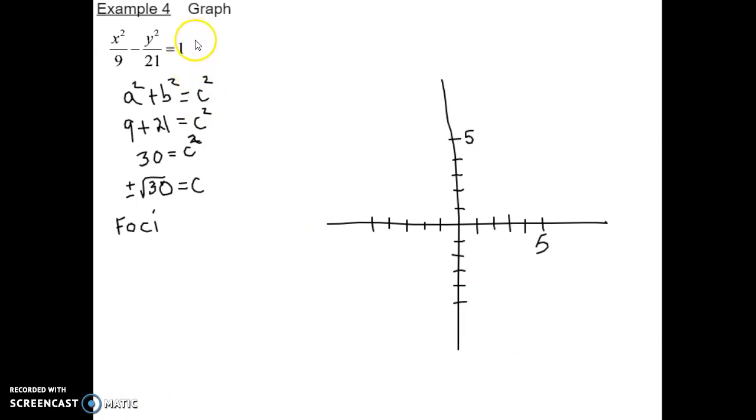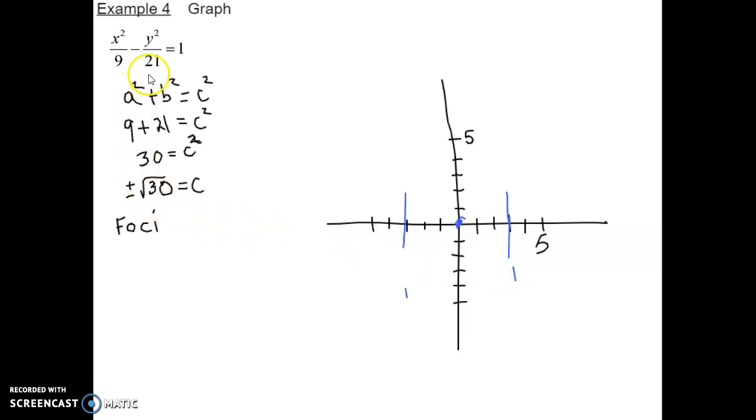All right, last example, less than a minute to get through this. So this hyperbola is opening up and down, no, left and right, because x is first. Center's at (0, 0). I'm not subtracting anything from x or y. I am going to go 3 units to the left and 3 units to the right.